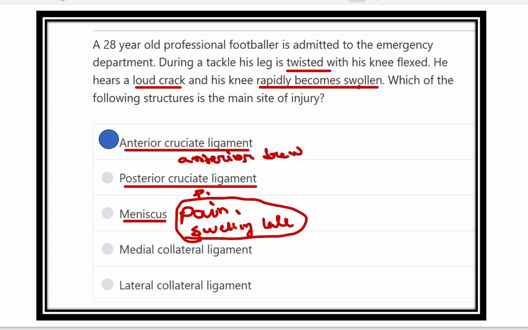In case of medial collateral ligament injury, there is positive valgus stress. In case of lateral collateral ligament, injury usually occurs less. So in medial collateral ligament injury, valgus stress is positive, and in lateral collateral ligament injury, there is easy movement into the varus position. So this is in short about the different types of ligament injury around the knee joint.